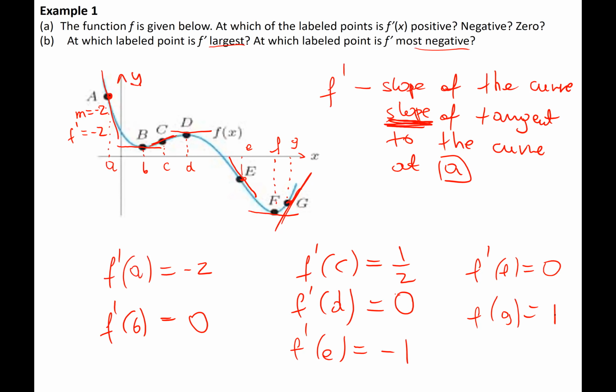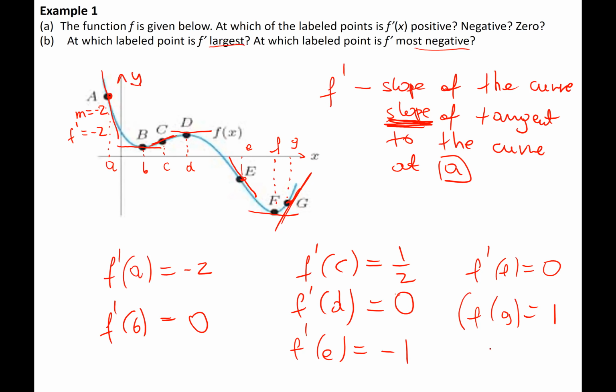Okay, that's how we can get the values. Looking at the graph, if the question asks for the derivative, remember slope of the tangent. You can draw a tangent and approximate the slope, rise over run. Okay, now we have the answers. Which one is the largest value?